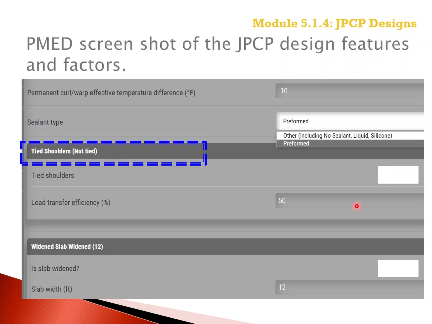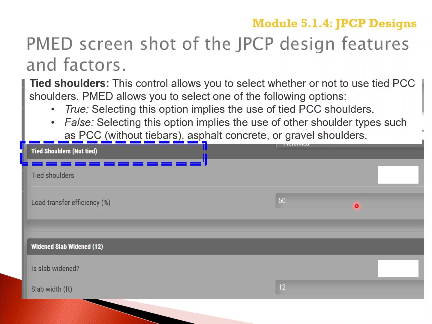Tied shoulders is the next design feature. This input allows the user to select whether or not to use tied PCC shoulders.